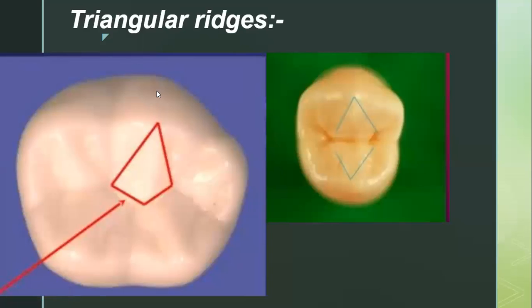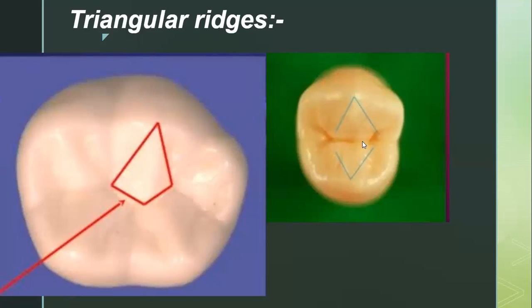Okay, next we have some triangular ridges, right? They are characteristic landmarks of posterior teeth, which are premolars and molars. Triangular ridges are not present in anterior teeth. A triangular ridge descends from the tip of the cusp towards the center part of the occlusal surface, and it would be having slopes on each side, right?